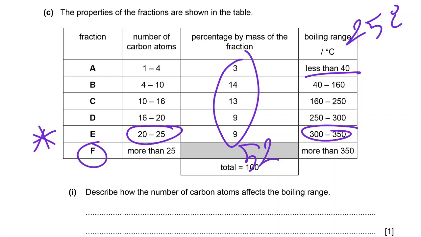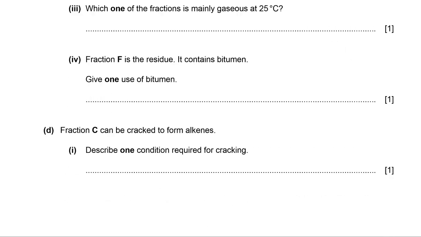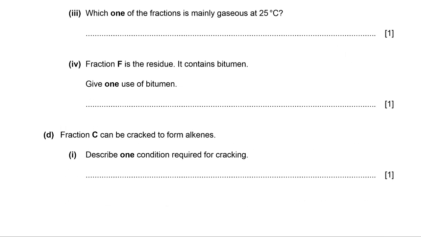So any compounds which contain 1 to 4 carbons belong to fraction A. So fraction A is collected as a gas, because they boil at less than 40. So all of them are gases at room temperature. And fraction F is the residue.